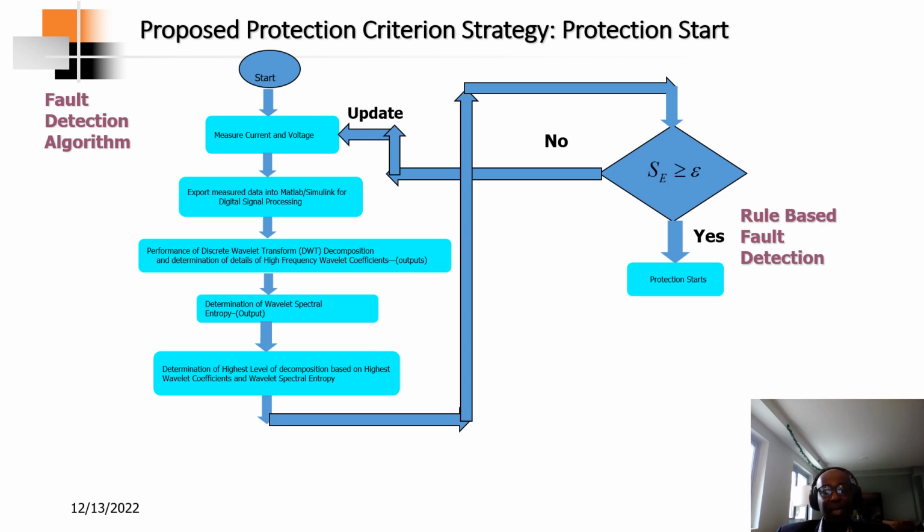Then, based on our optimization level, I will determine the threshold for when protection starts based on the entropy energy. If the entropy energy is greater than the threshold, then protection starts. So that's a rule-based fault detection. If it is below, then it goes back, and the flowchart repeats itself.